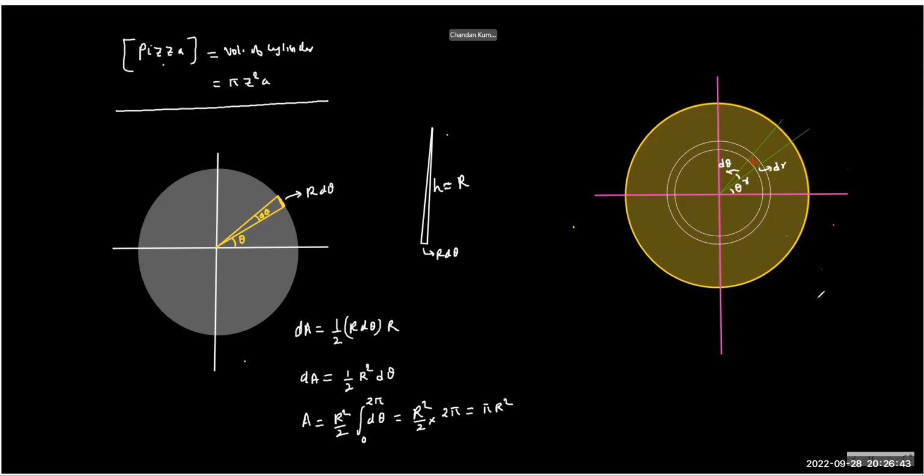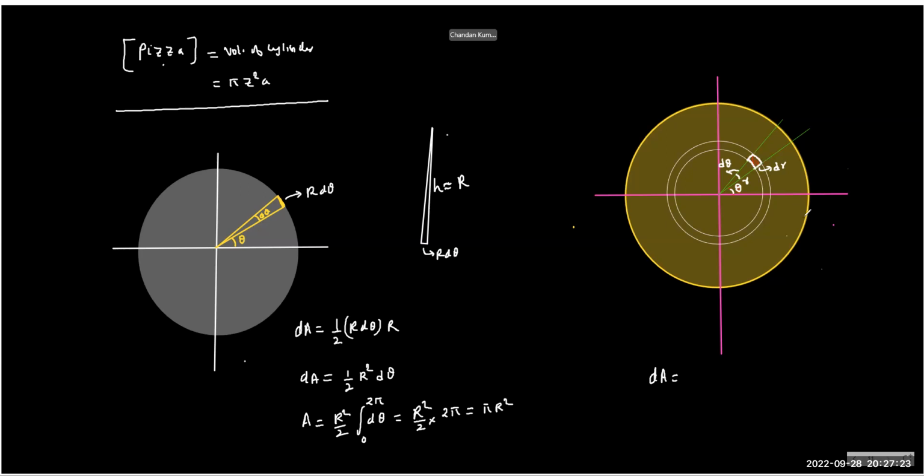So can you guys tell me the area of the rectangle which I have shaded? What is the area of that rectangle? Length into width. So the width we can take as dr. What is the length? r. Look at the rectangle part. So what I'm asking is, what is this length? This value. r d theta.